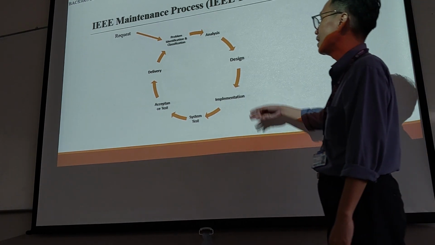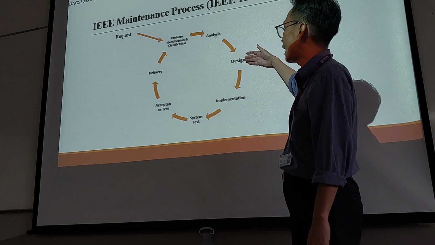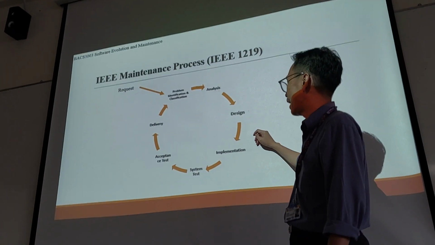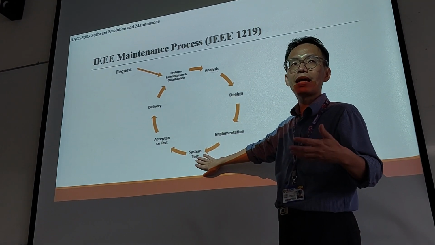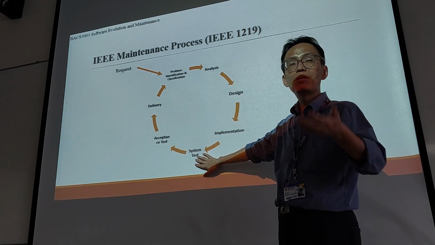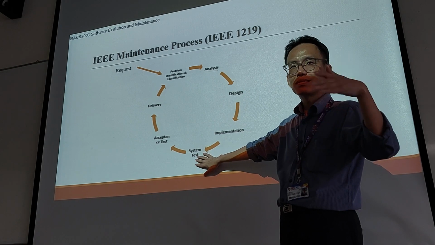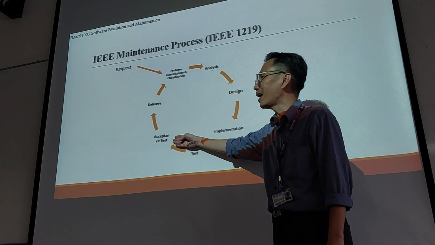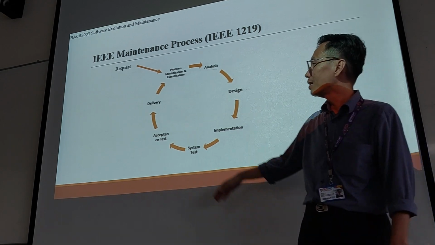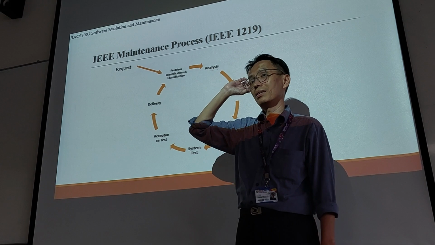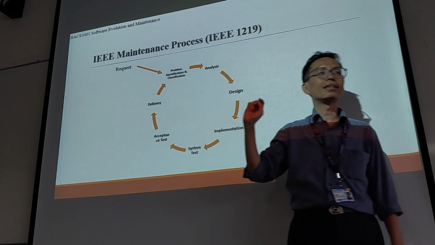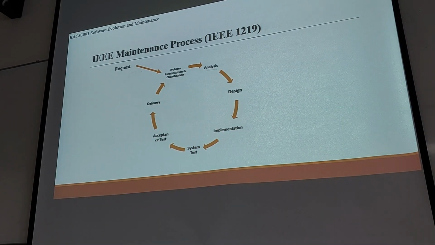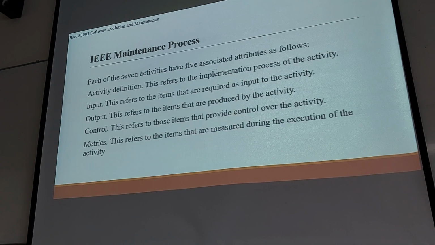Then they analyze the problem, design the necessary solution, implement the solution, and test the solution with a system test. After you implement, you perform a system test to see whether there is any issue or not. Then the acceptance test is for the user, and then it is done, we deliver the solution. If there is any other request, you follow the same cycle. You get me?